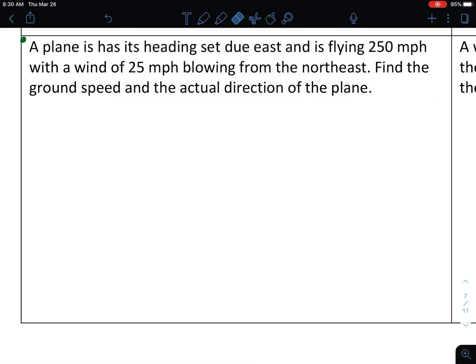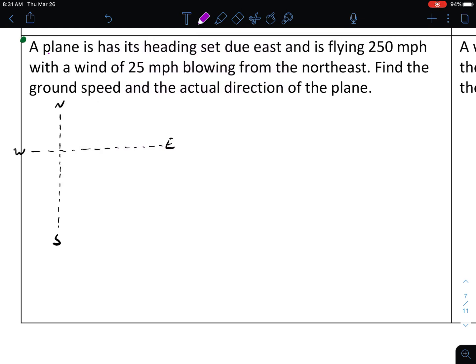All right, so here we have a plane, and it's heading due east at 250 miles an hour. And then the wind is blowing from the northeast. So let me give us a picture here of what's going on. My plane is heading due east, so I'll make my north, south, east, west lines.